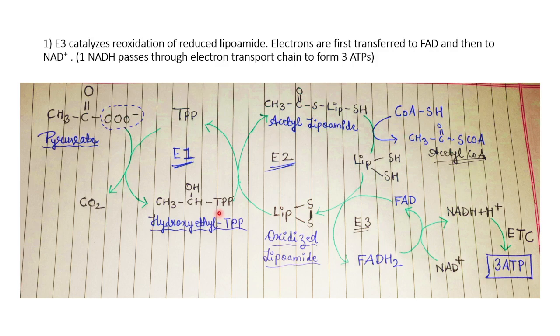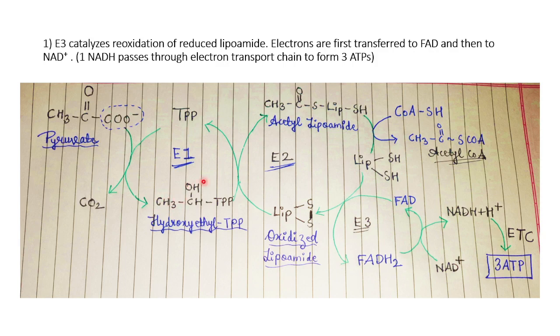Then there will be oxidation of this H from hydroxyethyl TPP, due to which it will get converted into acetyl group. Okay. This TPP will again detach and get combined with enzyme 1 because TPP is a cofactor of enzyme 1.